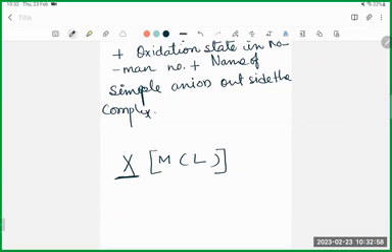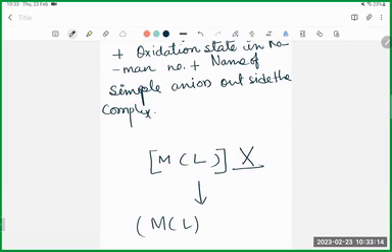Why? Because it is cationic. So definitely either it will hold the positive charge over here, or it will hold the anion on the right hand side. Okay, X can be present here. Did you understand? So that when we ionize, it goes into this form, a cationic complex.